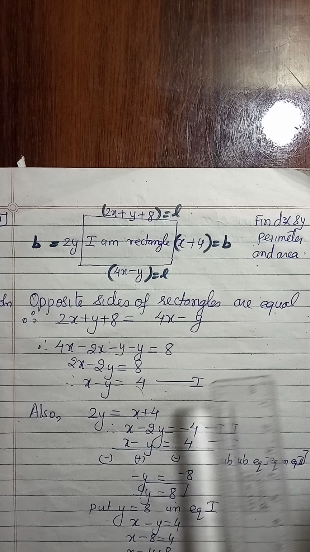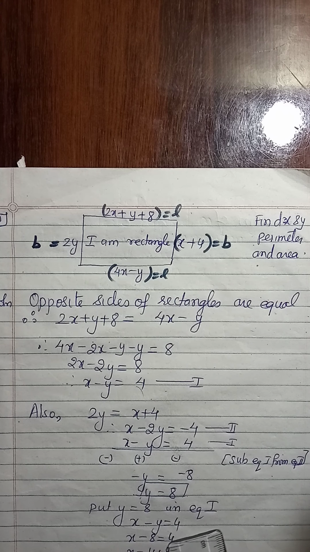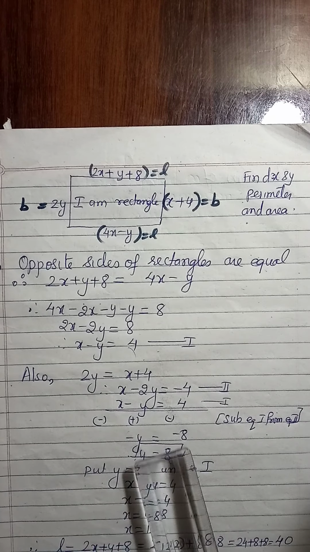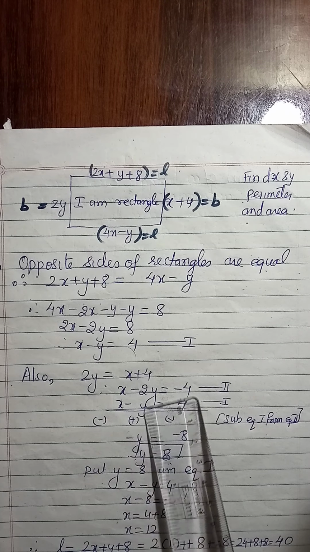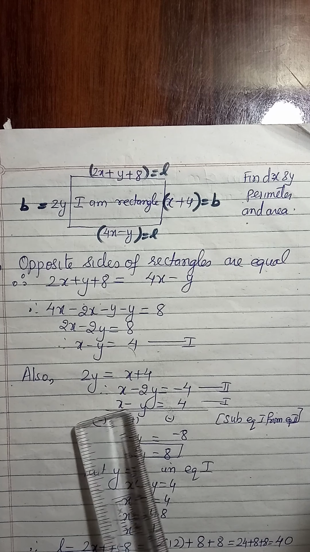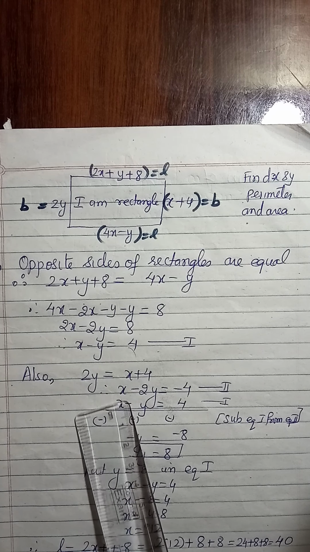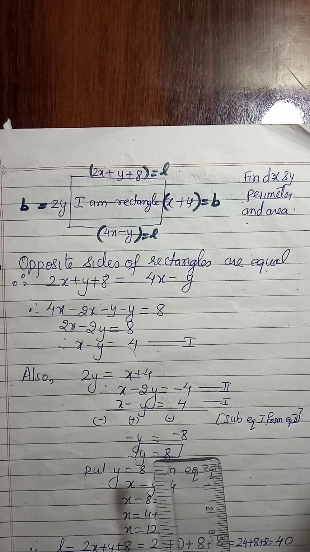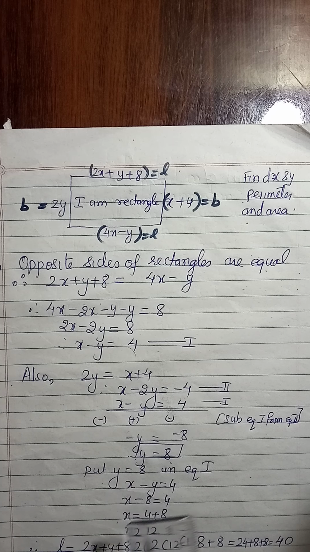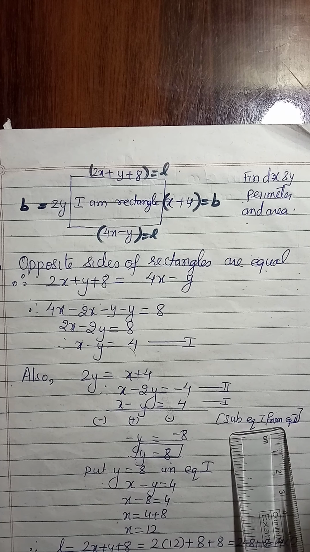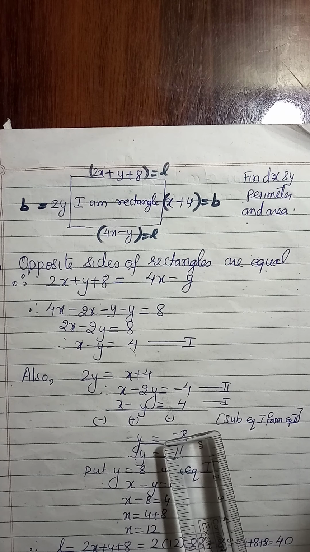Now with the help of equation 1 and 2, we can solve it and get the value of x and y. See here, coefficient of x is same, 1 and 1. So no need to multiply or divide. Directly we can just solve by subtraction. So here subtract equation 1 from equation 2.